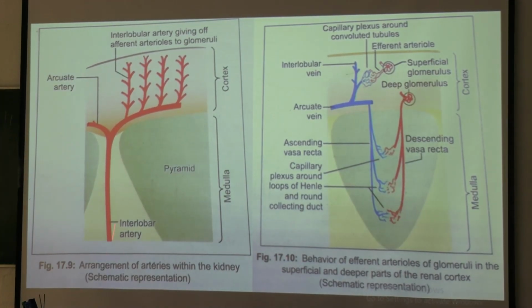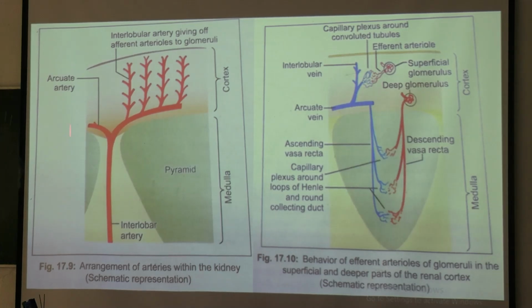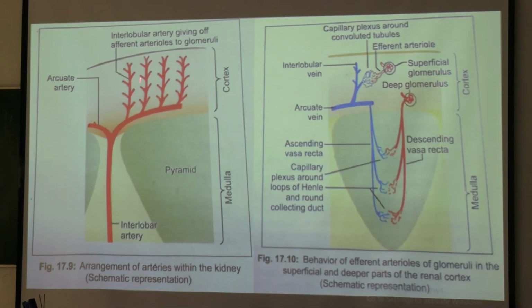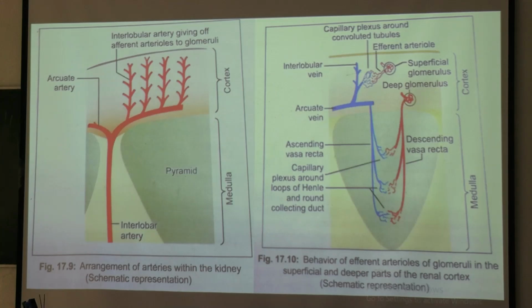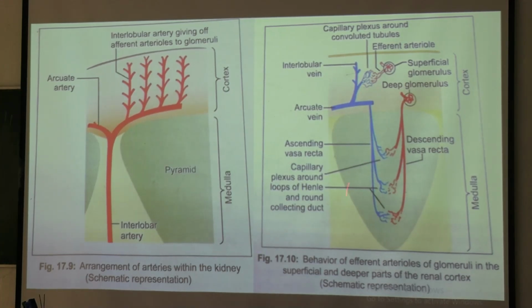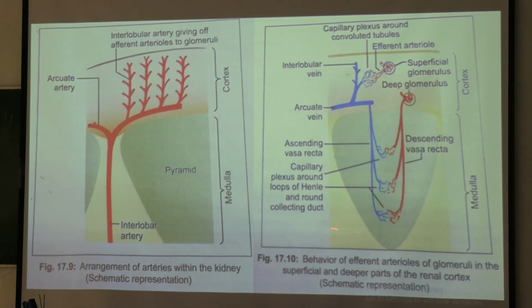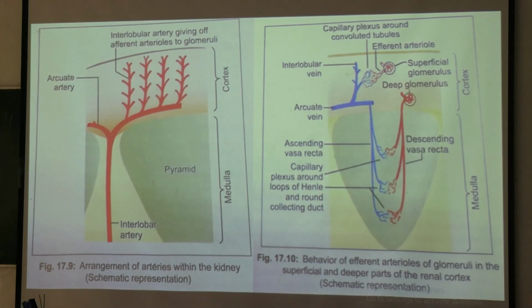So this is the interlobar artery dividing into two arcuate arteries. From the arcuate artery, interlobular arteries arise. From the interlobular artery, afferent arterioles arise. Okay, and here are the capillary plexus, the ascending vasa recta, and the capillary plexus around the loop of Henle and around the collecting duct. They help in the countercurrent exchange phenomenon.